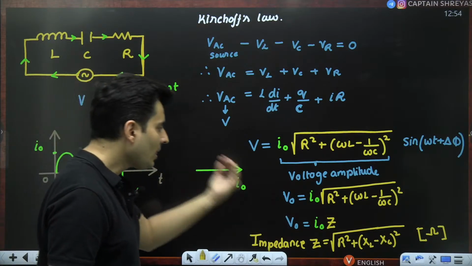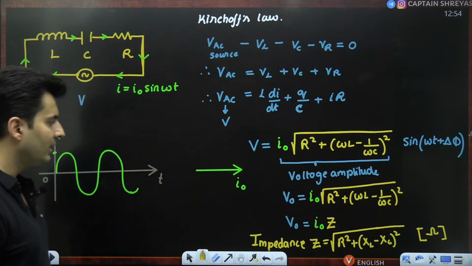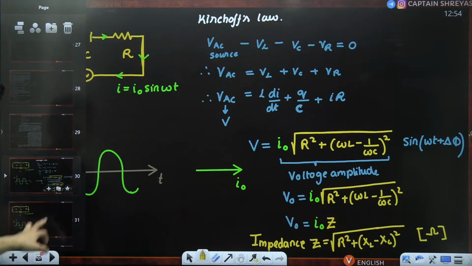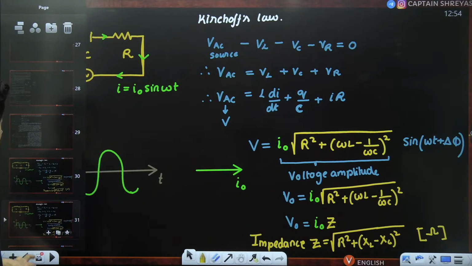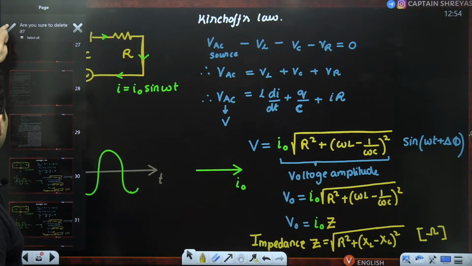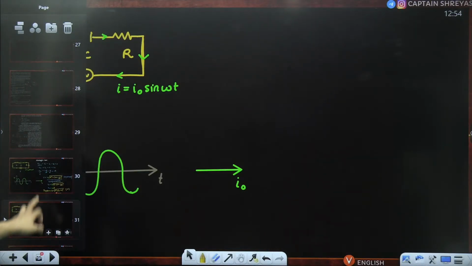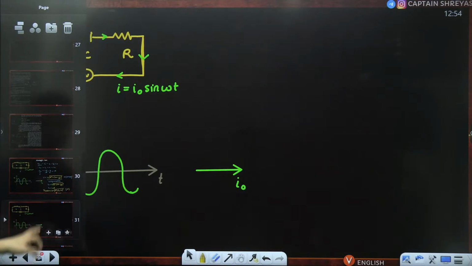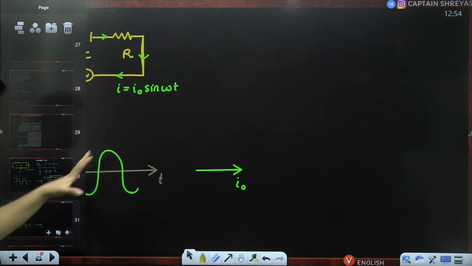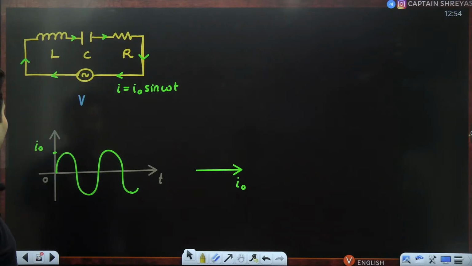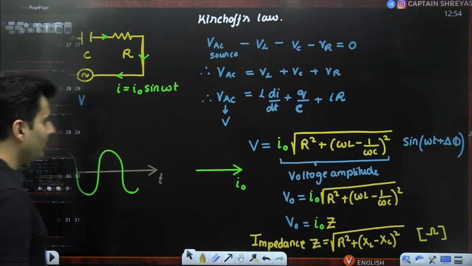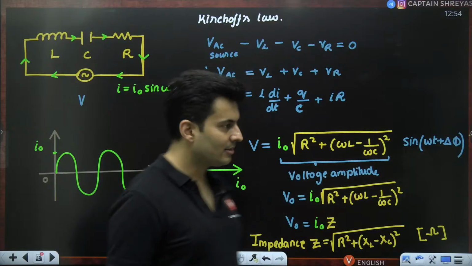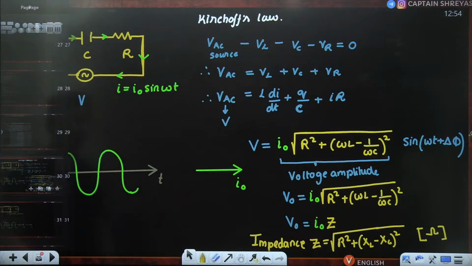If you have understood it till here, let me go to the next slide. Where do these impedances and voltages exactly come on the phasor diagram? That is very important. And what happened to the delta phi, sir? You didn't explain that. Hold on, I'm coming to that also.